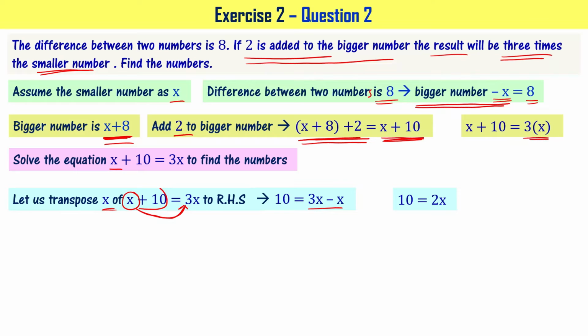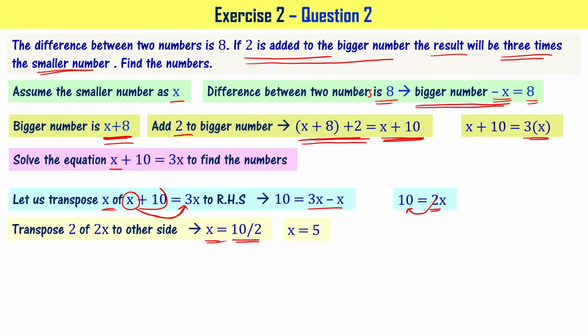Now, when you look at this, 2 is multiplying x, right? I want to get this onto the LHS side. When I get it onto the LHS, I'll have only x there, right? Now, let us transpose the 2 of 2x to the other side. When you do that, x can be written as 10 by 2. It means x equal to 5.